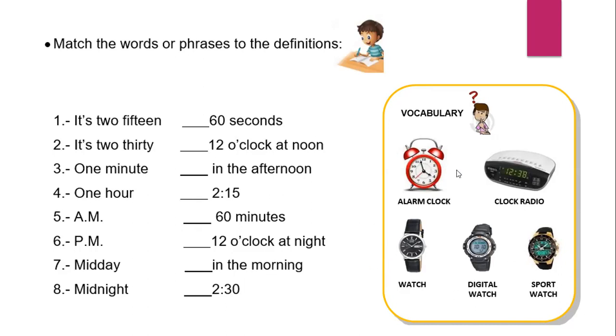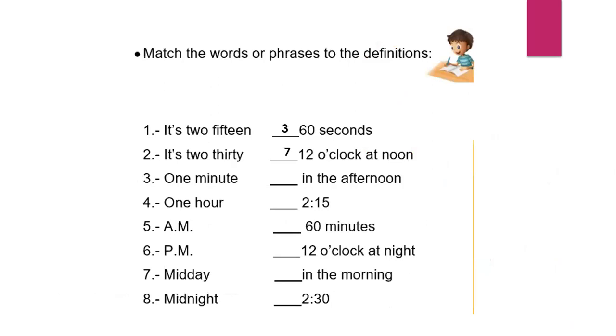Ese es el vocabulario con lo que vamos a trabajar, ¿de acuerdo, hija? Continue. Esto ya lo hemos hecho. 3, 7, 6, 1, 4, 8, 5, and finally, number 2. Okay, ready?